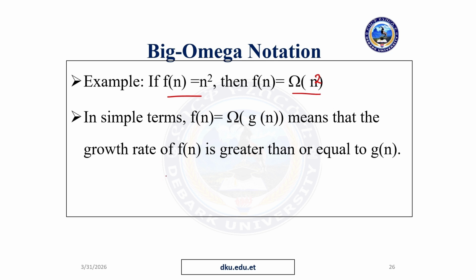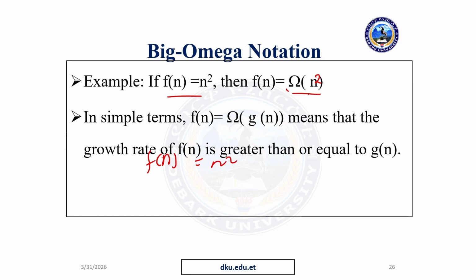We can do it just like in the previous example, as we did for big O notation. f of n equals n squared, right?